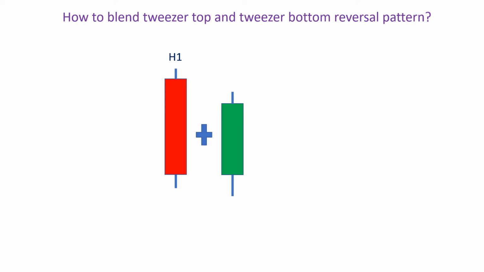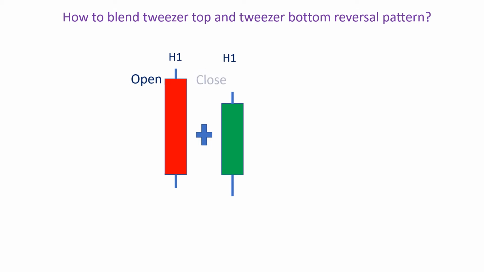How to blend tweezer top and tweezer bottom reversal patterns. Let's assume this is a bearish candle with H1 time frame and we want to blend it with a bullish candle with H1 time frame. The rules are like this.